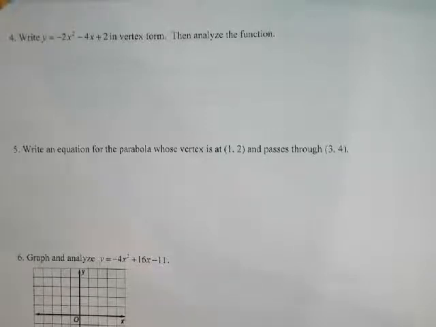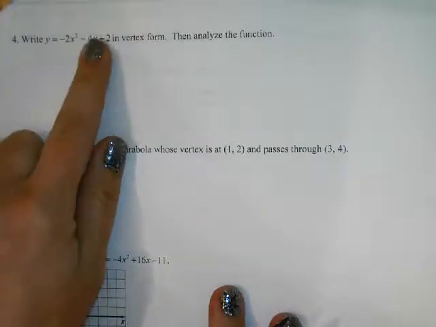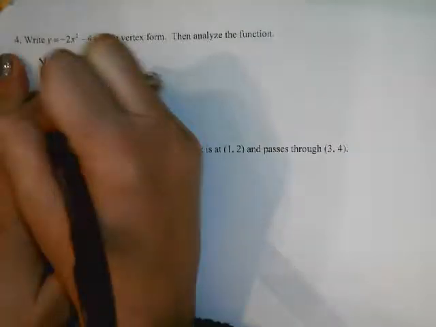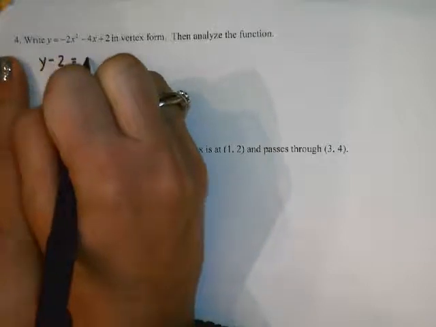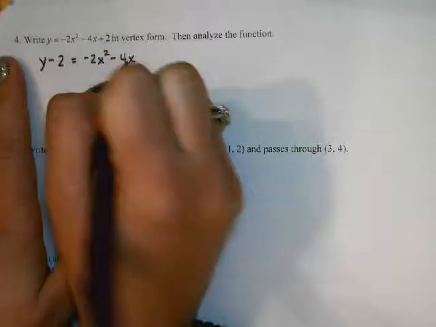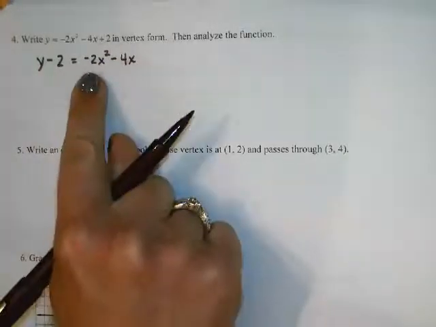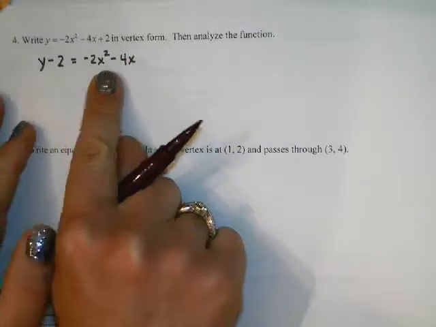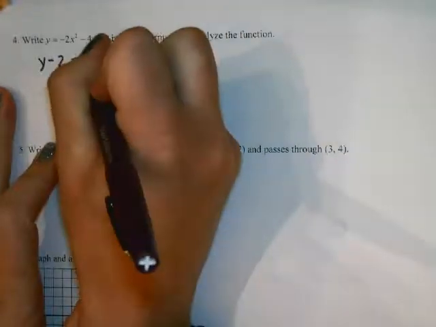All right, so the first thing I'm going to do is I'm still going to move my 2 to the other side. I'm going to move the constant to the other side. So I have y minus 2 equals a negative 2x squared minus 4x. Now, it told me I can't complete the square when I have a coefficient out front. So I'm going to trick it, and I'm just going to divide these two guys right here by a negative 2.